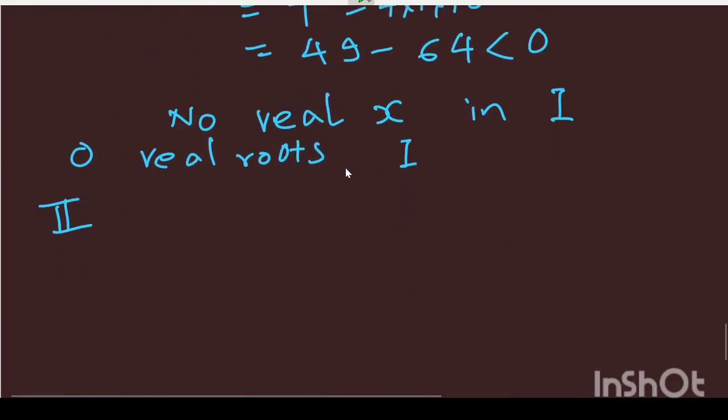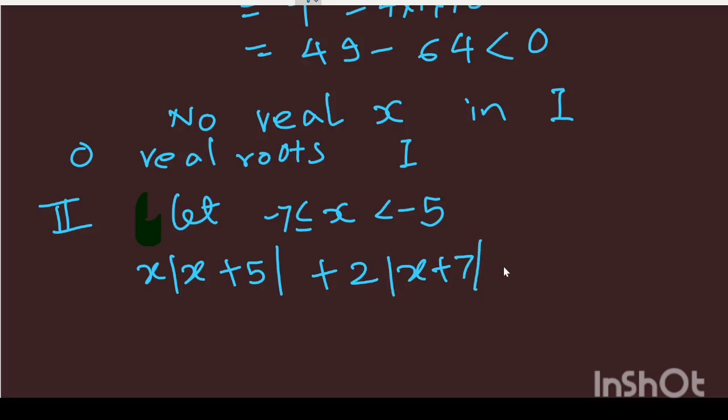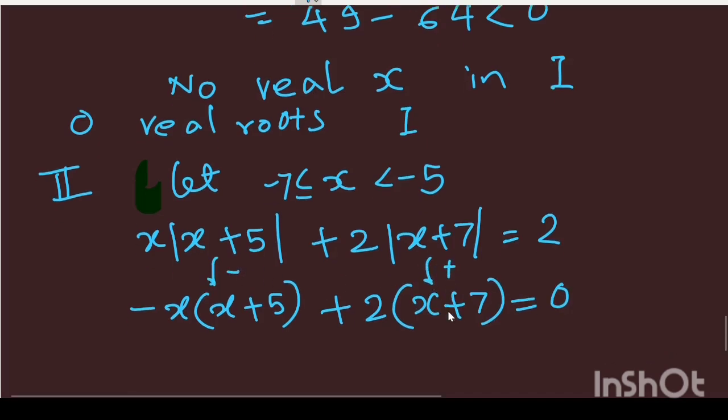So minus 7 to minus 5, if we assume x to be in this range, in the question the first mod would be replaced by minus sign again, but now the second mod, which was mod x plus 7, would be replaced by plus sign. So here it is replaced by minus sign, here it is replaced by plus sign.